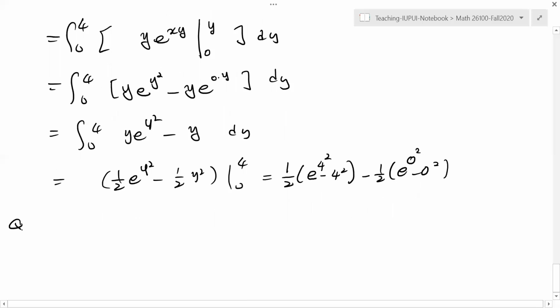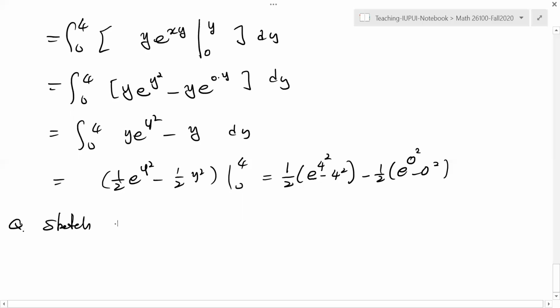Our next problem is about this: you are given the iterated integral, and what I want to do is change the order of the iterated integral. Then you have to figure out the region of integration.